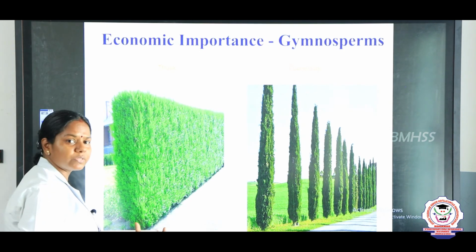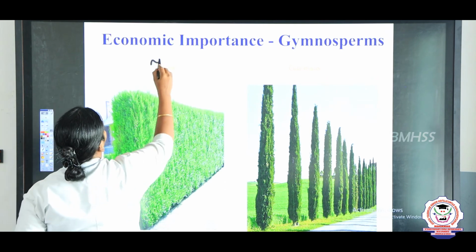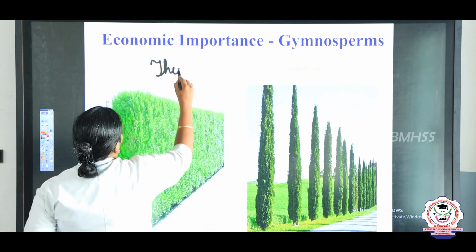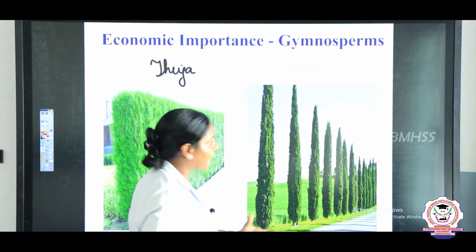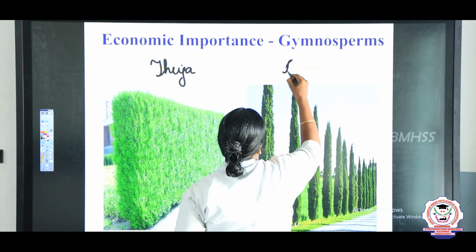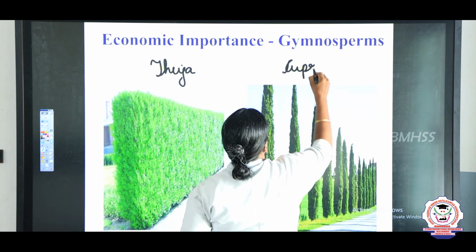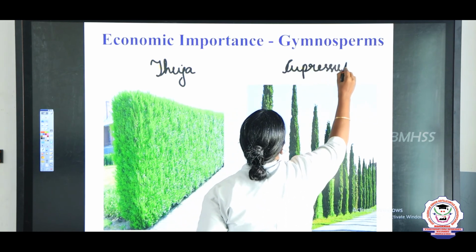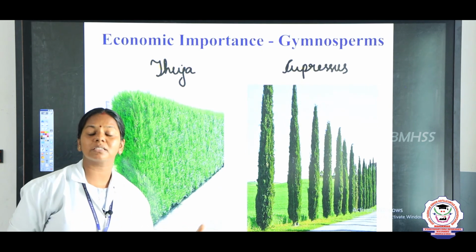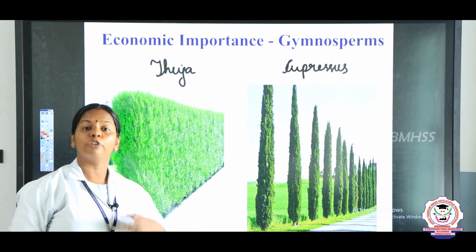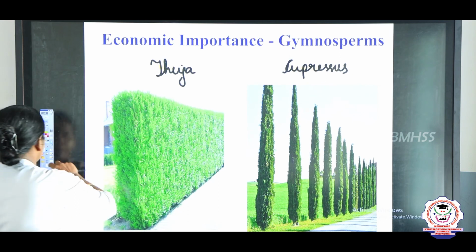What is the name of this plant, children? Thuja. And the name of this plant is Cupressus. Both are used as ornamental plants as well as in floral decorations.